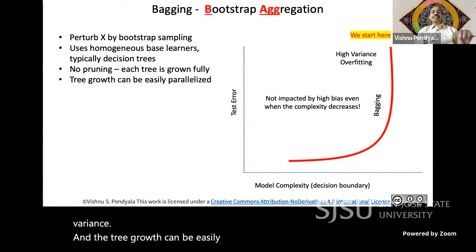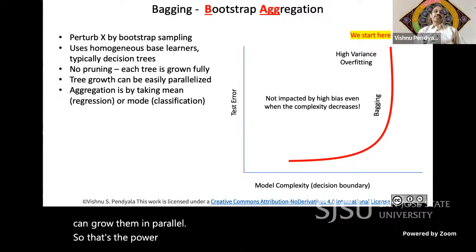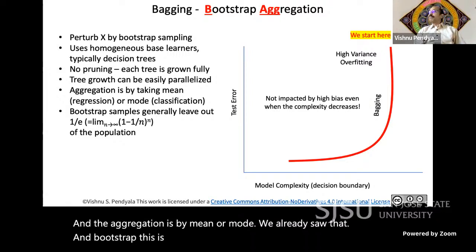We are not boosting in steps, right? We are growing the trees in parallel. So that's the power of these bagging algorithms. And the aggregation is by mean or mode. We already saw that. And bootstrap is a concept from bootstrap sampling, not specific to machine learning.